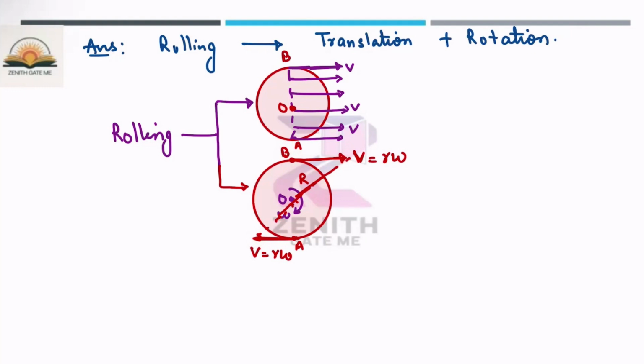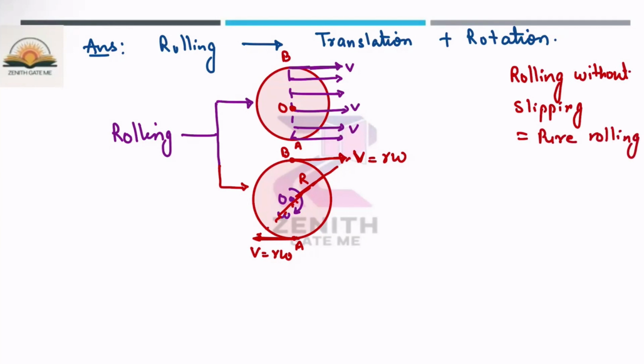But in case of translation, the velocity at point a is in this direction, which is also of the same magnitude, because I have already told you rolling without slipping is nothing but pure rolling. In the pure rolling case, you can write v is equal to r omega.